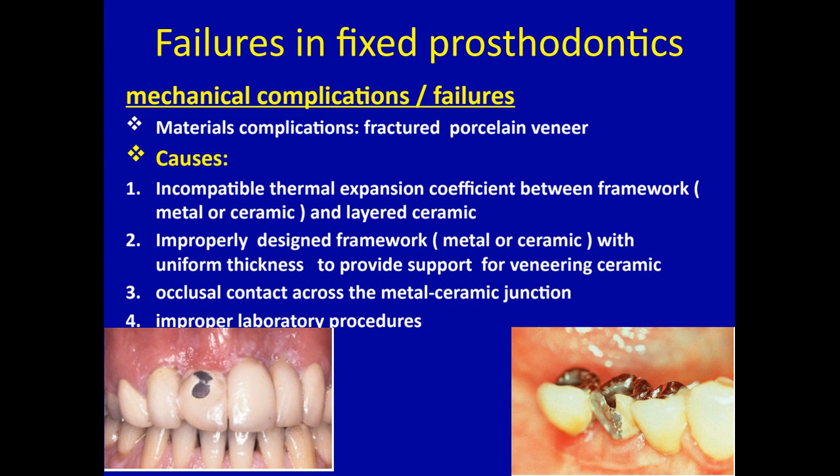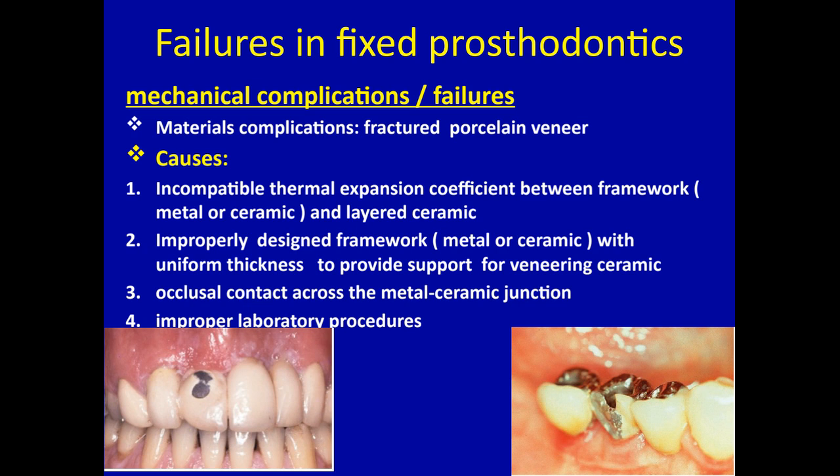The coefficient of thermal expansion of the metal framework and the layered ceramic should be compatible, otherwise there will be fracture of the porcelain, or an improperly designed framework, either metal or ceramic. It should be properly designed with uniform thickness to provide support of the veneering glass ceramic.